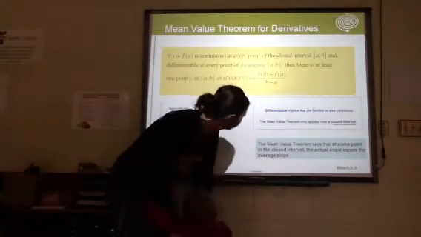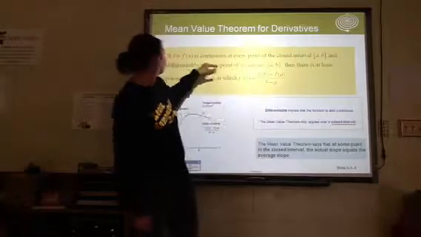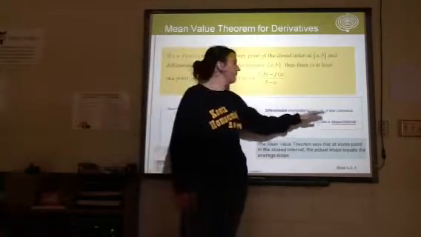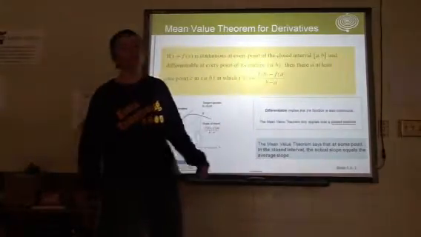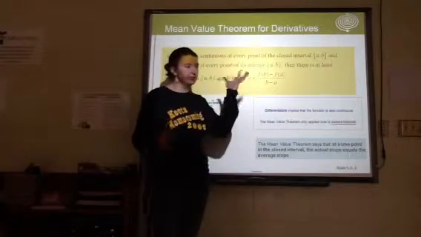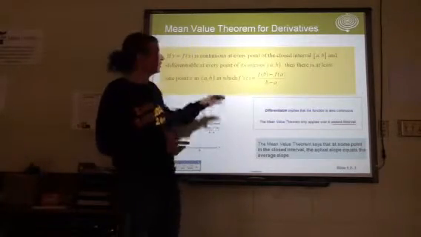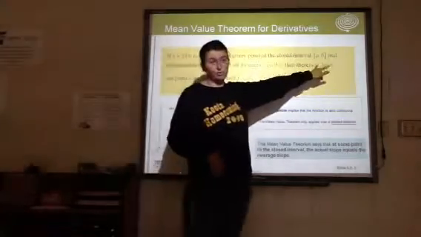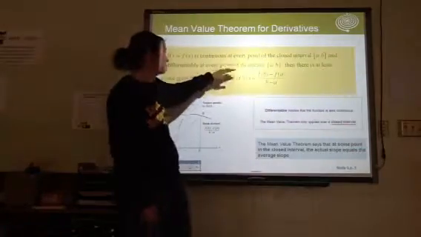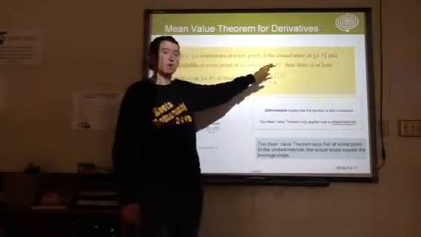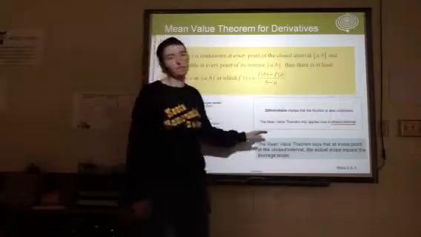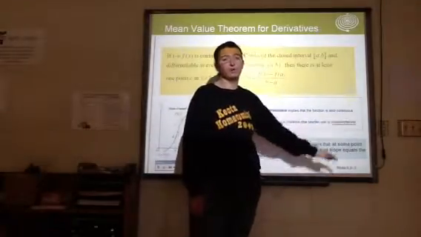Okay. Since it says it's differentiable, that implies that it's continuous. So you don't necessarily have to say that it's differentiable and continuous, although it is continuous on the closed interval and differentiable on the inside, so not on the closed. But the mean value theorem will only apply if it's a closed interval.